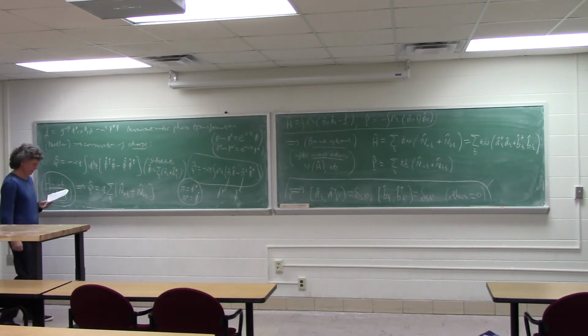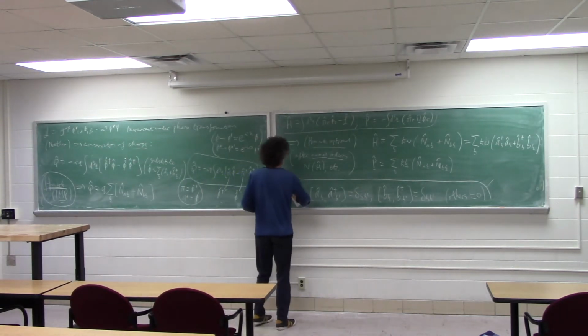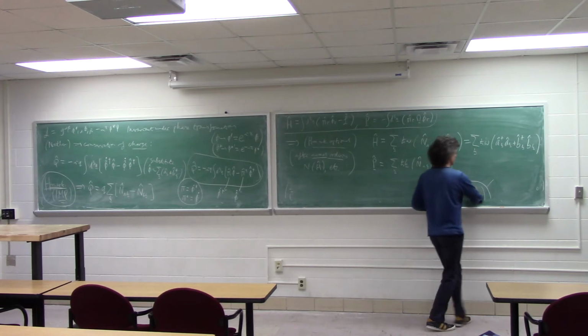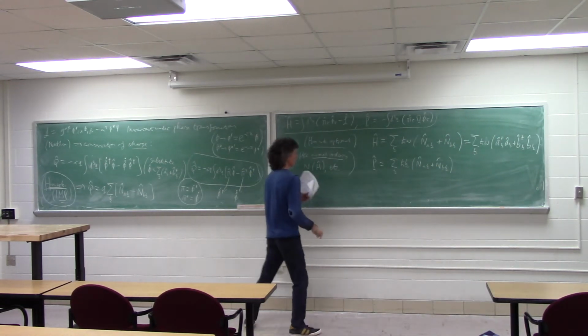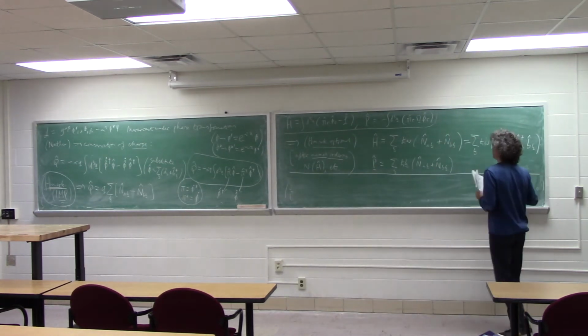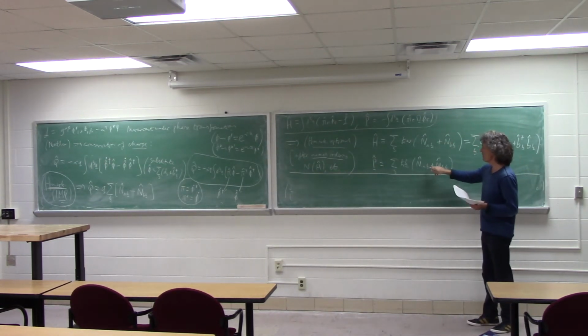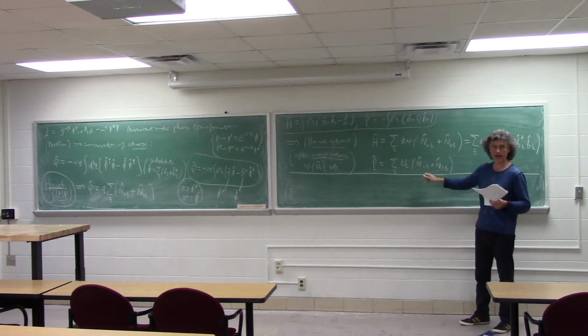It's interesting that the interpretation for the energies and the momenta is that I've got so many particles with energies h bar omega, momenta h bar k.